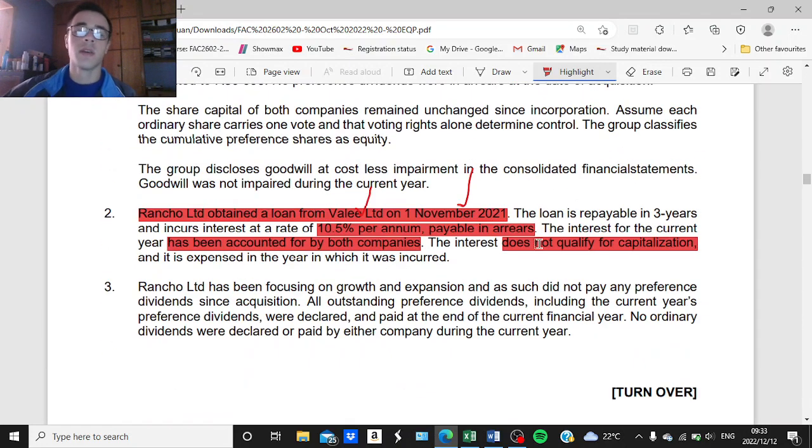All right. Okay, so what we are required to do here is that we have to calculate the amount for the intergroup interest for this year, from the 1st of November 2021 up until the 30th of September 2022, using the interest rate of 10.5%.